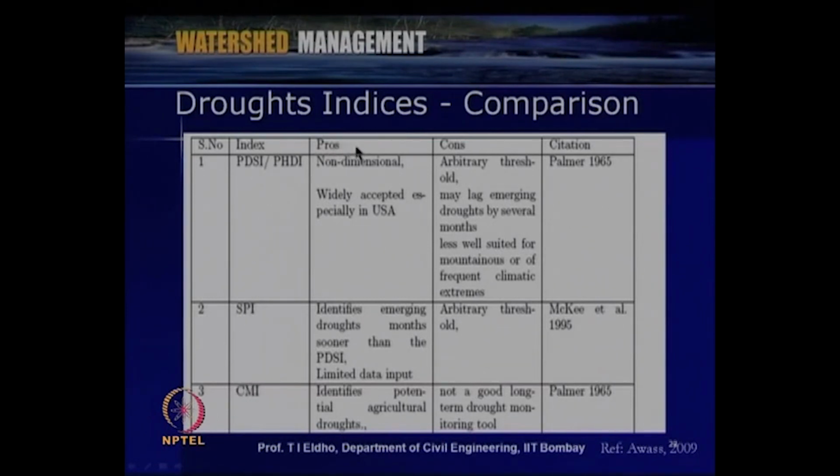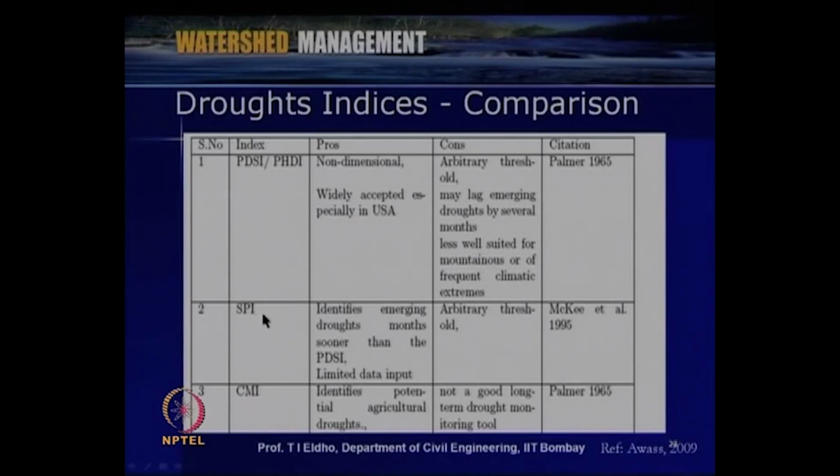Some of the pros and cons are discussed here. The advantages are that it is non-dimensional and widely accepted, especially in the USA. The limitations include that it is based upon arbitrary thresholds, may lag emerging droughts by several months, and is less well suited for mountainous regions or regions of frequent climatic extremes. This has been derived by Palmer in 1965.